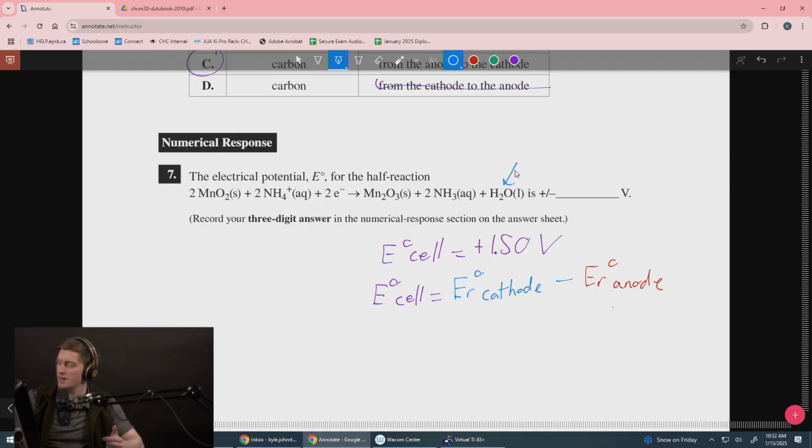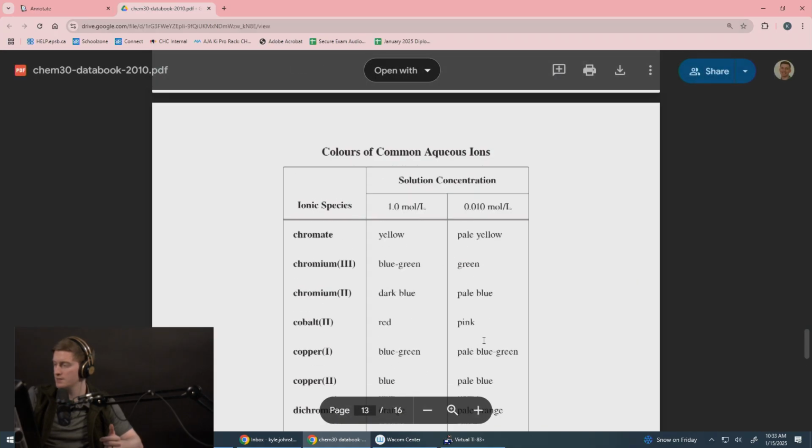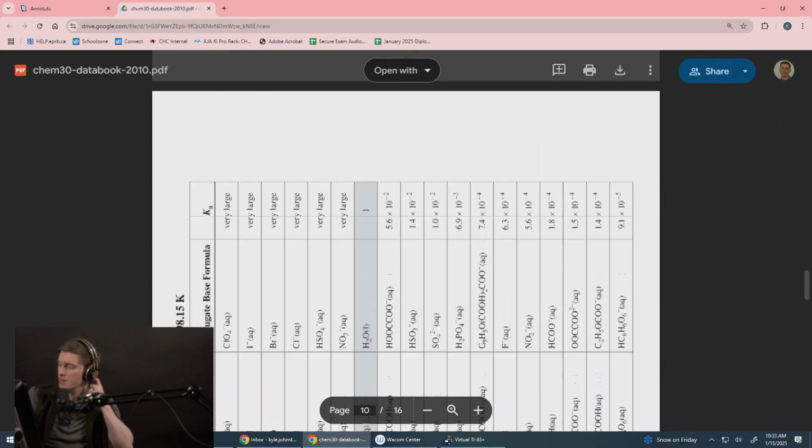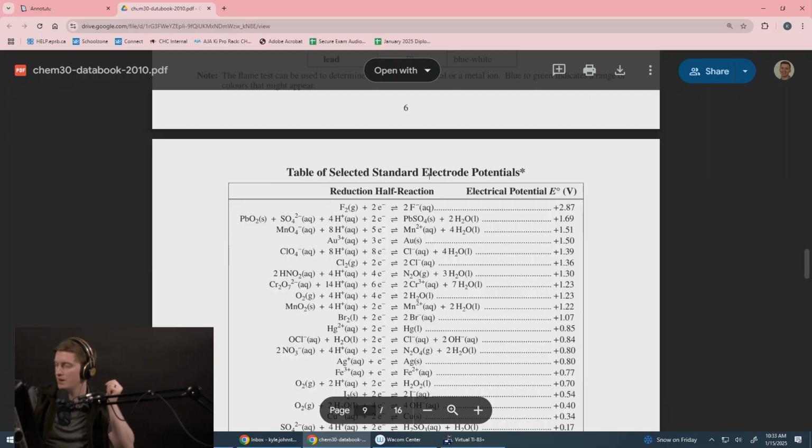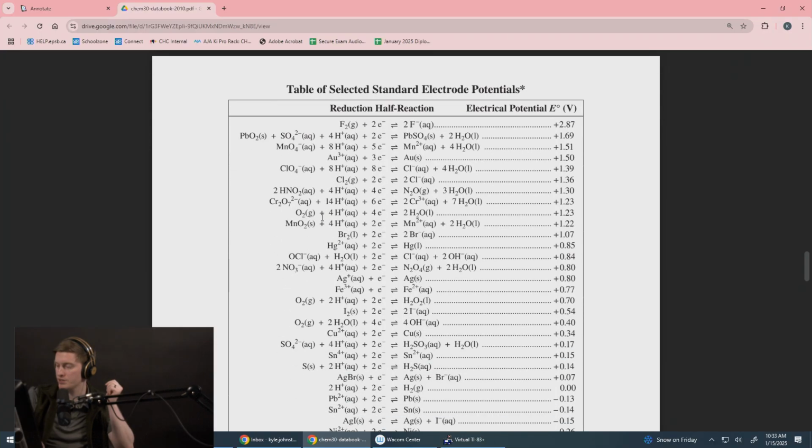This is our cathode half reaction. Again, we know it's the cathode half reaction because it's the reduction half reaction. And we know it's the reduction half reaction because the electrons are on our reactant side. And our anode is the zinc half reaction. We can find the cell potential from our standard table right here for our reduction potential for zinc.